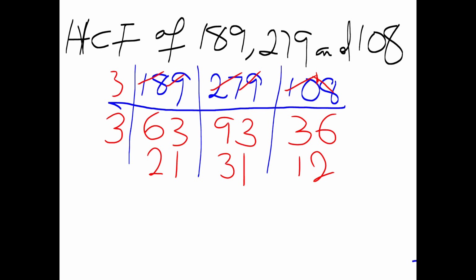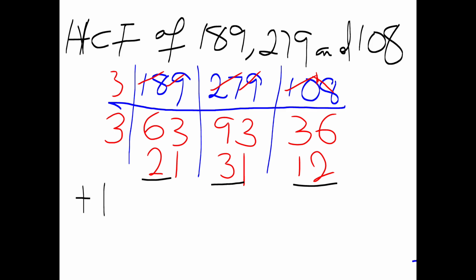So now looking at 21, 31, and 12. Do we have a number that will divide these 3 numbers without remainder at the same time? Do we? No. Very good. So we are ending our division here, right? Very good.